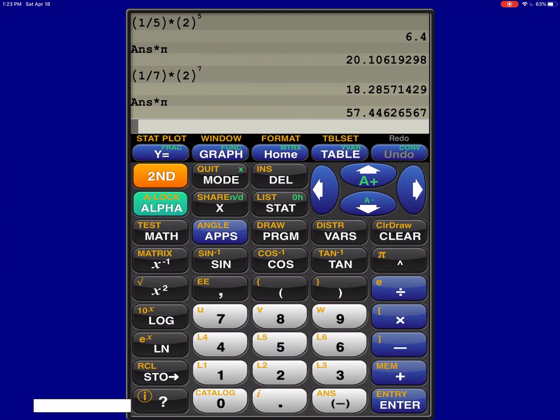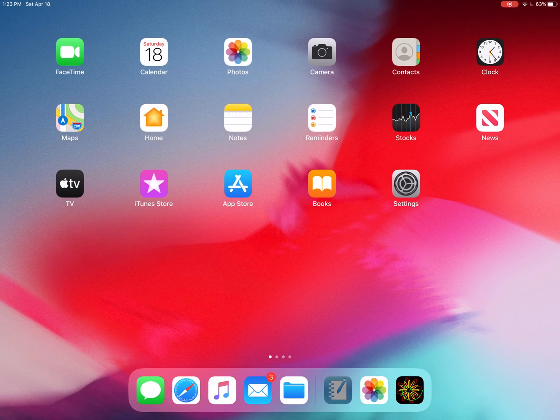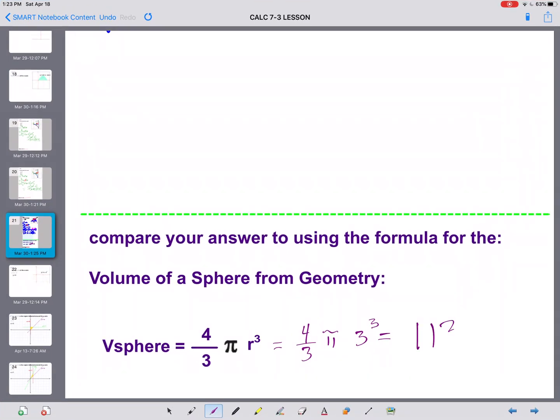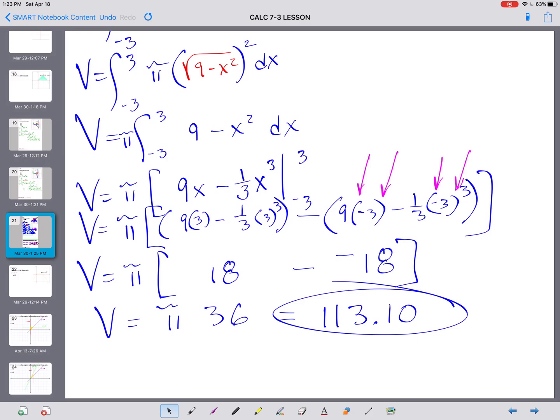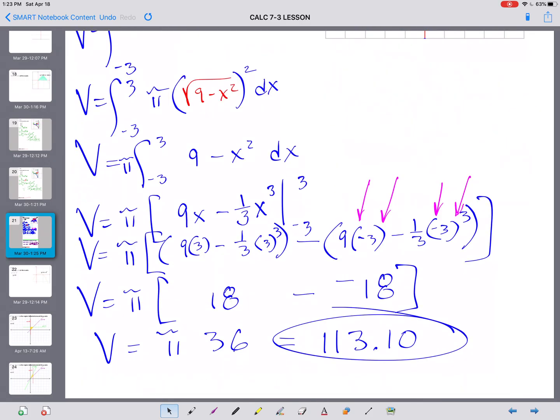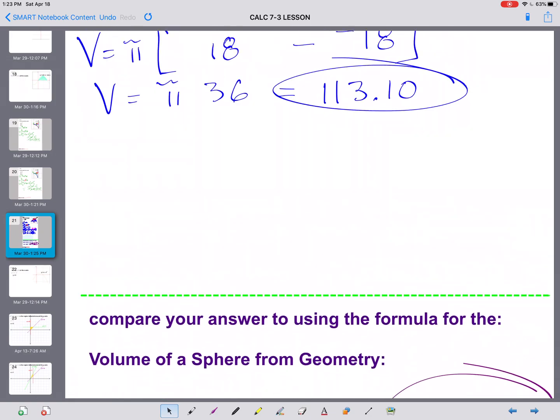Here we go. 4/3 times pi times 3 cubed. There it is, 113.10. Same answer as our integration. So that formula that we learned in geometry holds up with our integration.